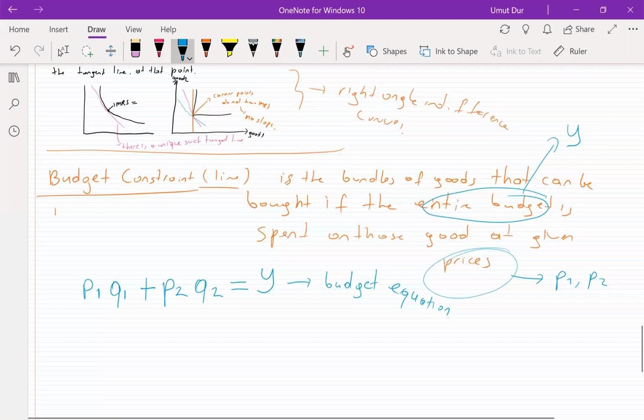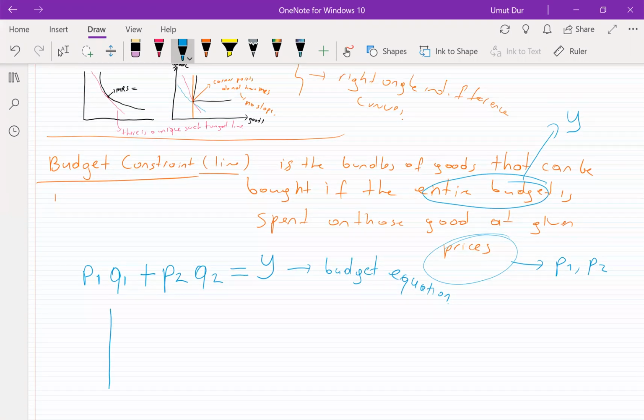If you would like to draw it, this is good one, this is good two. This will be a linear line. We can draw this linear line by finding the maximum amount of good one that you can consume.